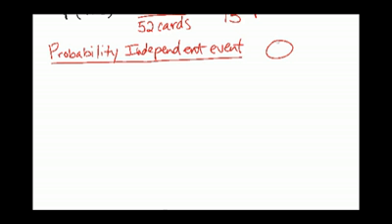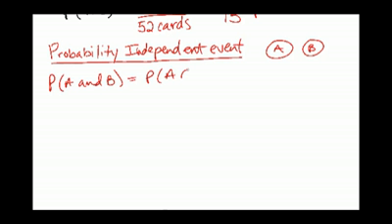Right? Then the probability of A and B is written like this: A and B. The formal name for that right there is called the intersection.